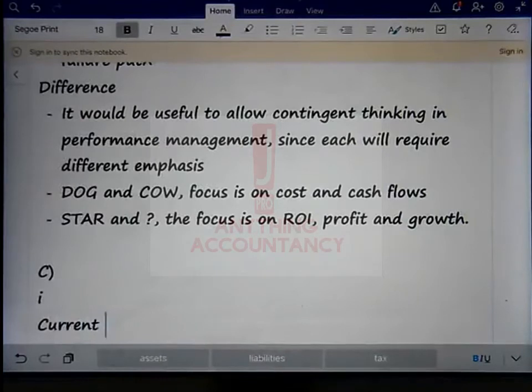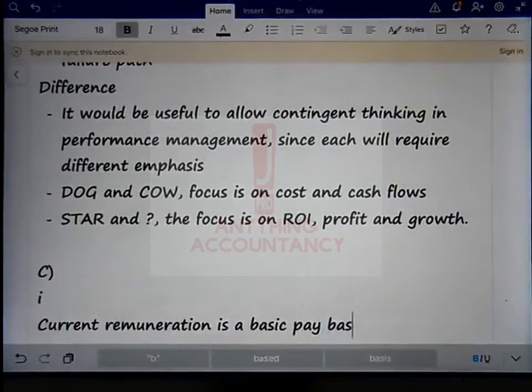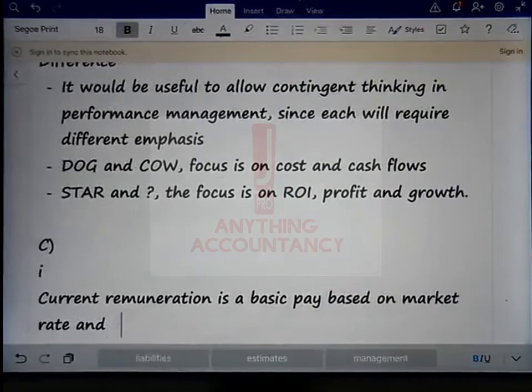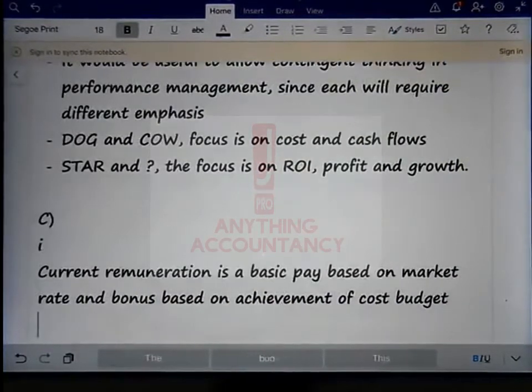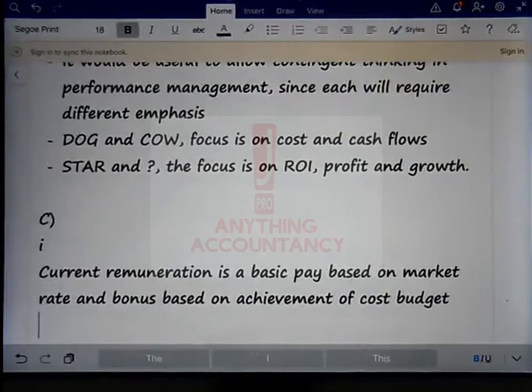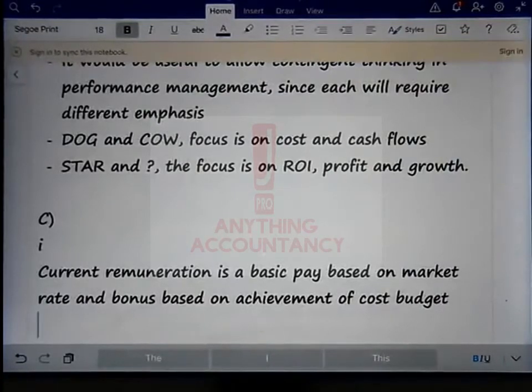Current remuneration is what? Basic pay based on market rate and bonus budget. Correct? That's the first thing. Get the basic idea out. Are you clear now? So is the basic pay okay?